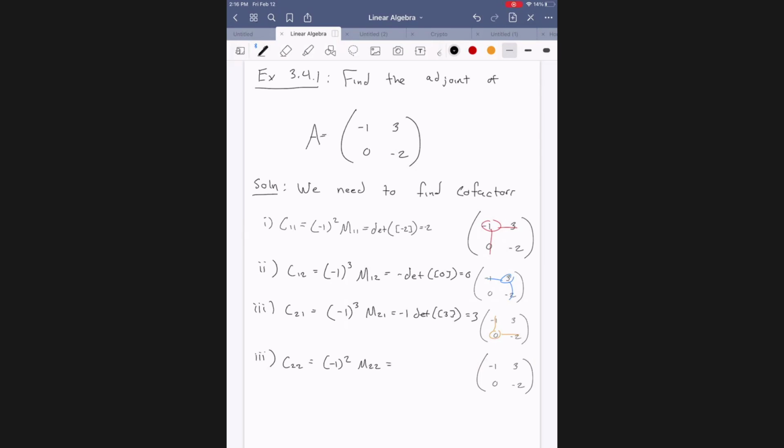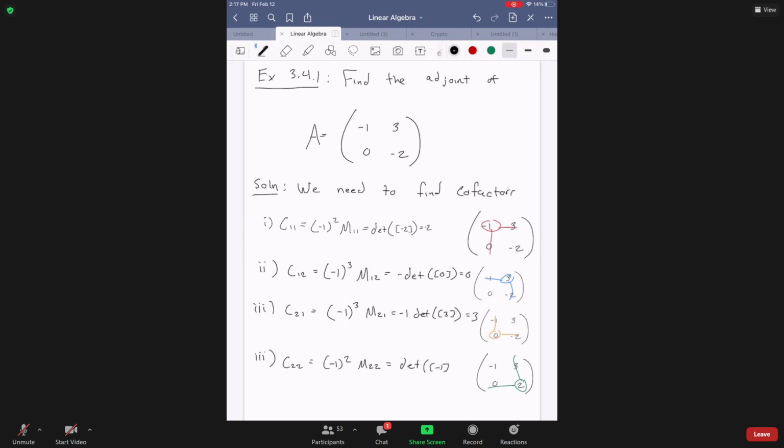C22: that would be the determinant, so just take away the other entries, so it would be the matrix [-1], which is -1. All right, now we have all our cofactors. Sorry, oh yeah, -3, you're right.